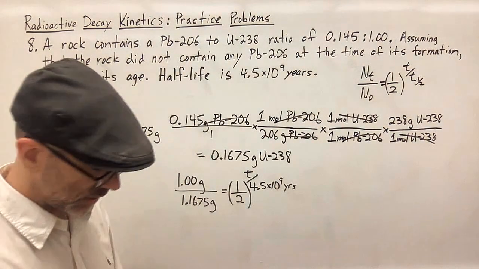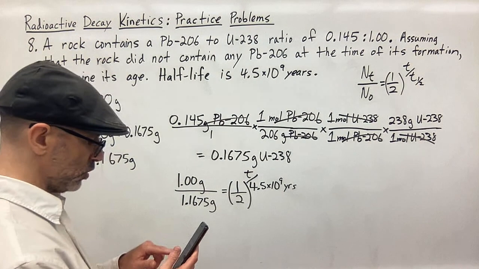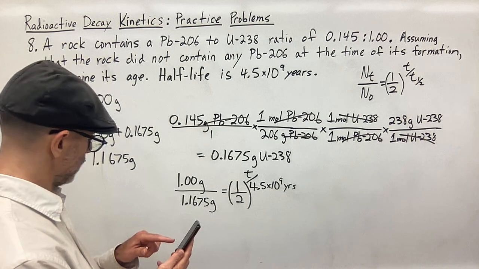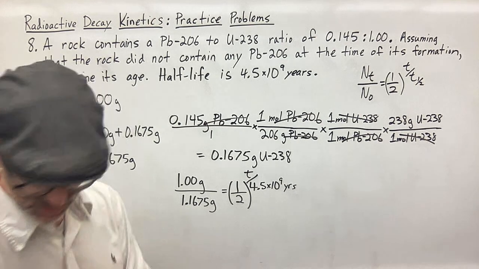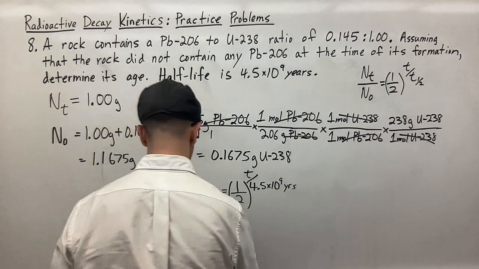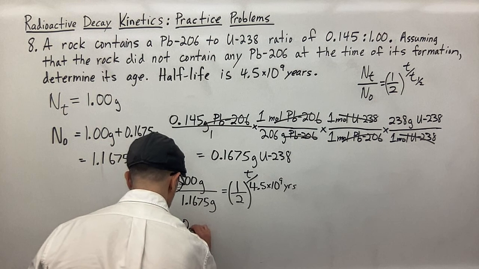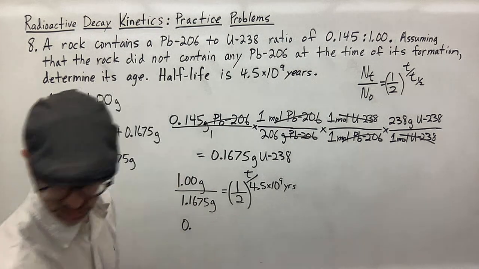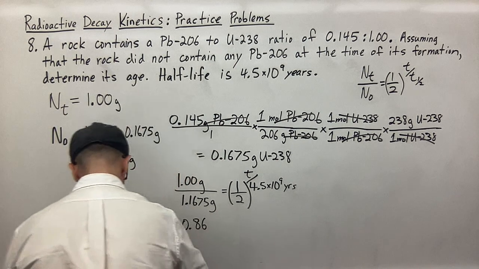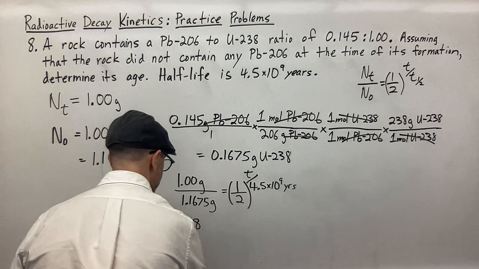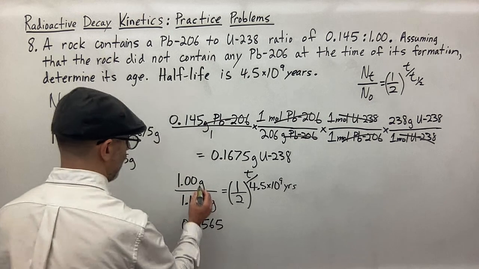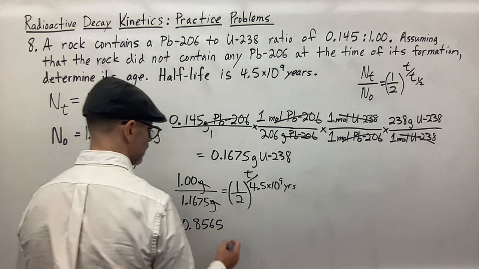If I divide 1 by 1.1675, I get 0.8565, and the grams cancel out, so this is unitless.